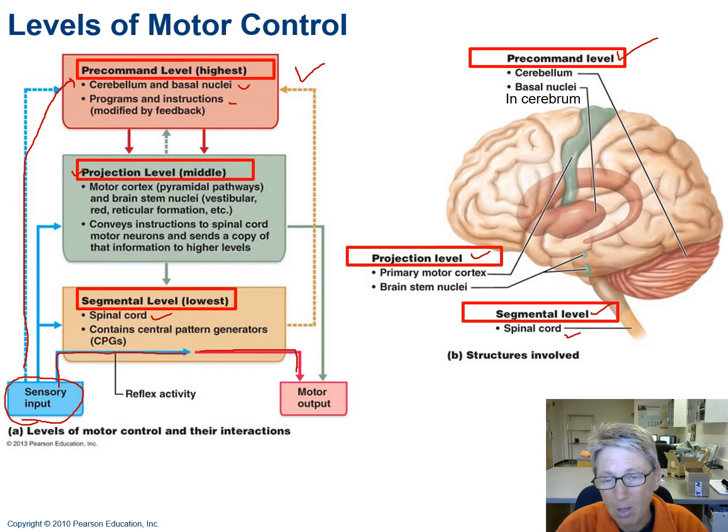In the projection level, you have the primary motor cortex, which is this green thing, and also the brainstem nuclei, which are these green things within the brainstem. And then at the pre-command level, you have the cerebellum, which has to do with balance, and then the basal nuclei. Remember, basal nuclei are bits of gray matter spattered within the white matter of the brain.